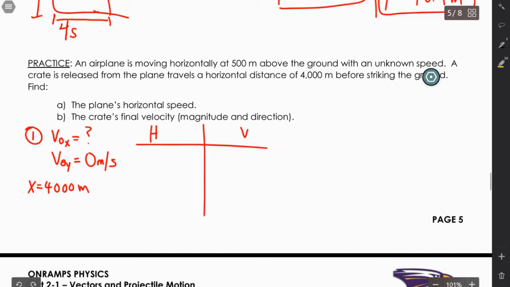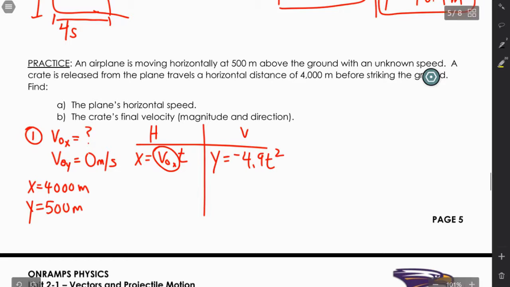And we know that it's going to fall 500 meters, right? So that kind of rounds out what we know. So we're going to say x equals VOX times t, okay? Because we don't know VOX, so I'm not going to put anything in there yet. And then for y, again, it's going to be negative 4.9 t squared, okay?